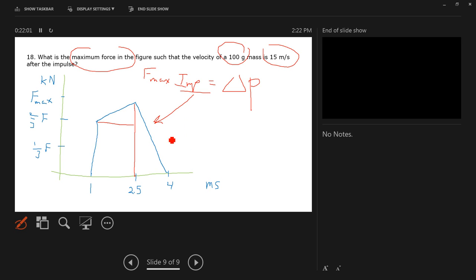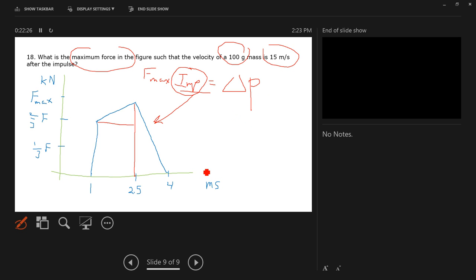And within those three areas, you'll have F max as one of the unknowns. So your unknown will be over here on the left hand side with whatever factors are involved in calculating the area of a rectangle and two triangles. On the right hand side you'll have a numerical value based on the mass and the velocity. Okay?